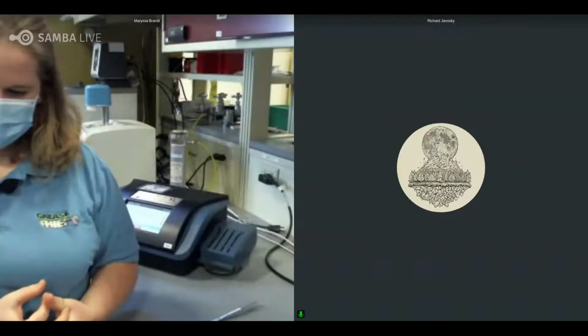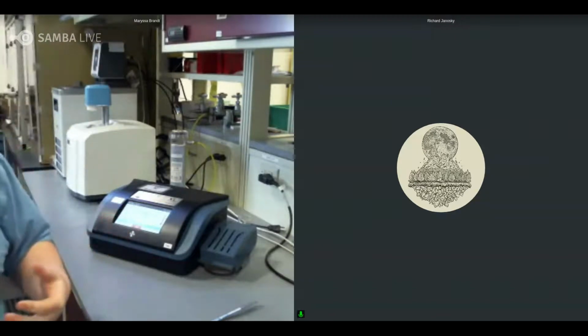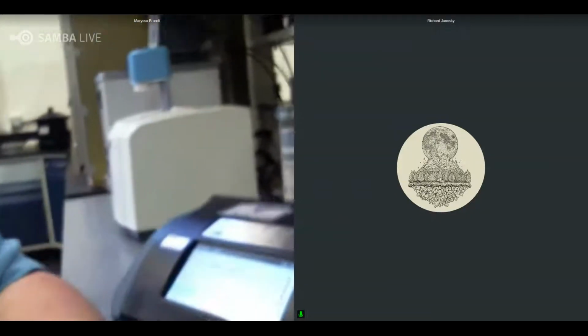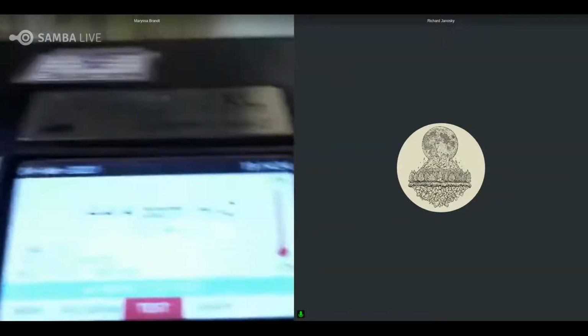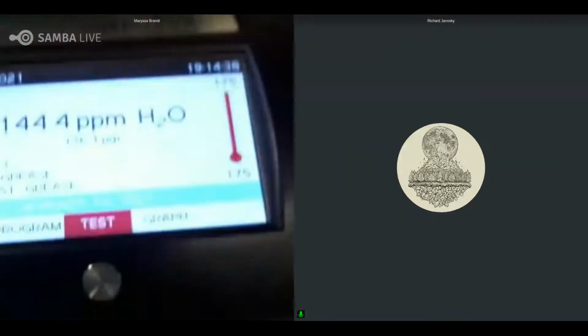Could you move your camera, Marissa, and show us the graph, the result that we just got from the sample that we just ran? And then explain, because you talked earlier about the bell curve that we get where it goes up and down. Could you explain what would be a bad curve as well?